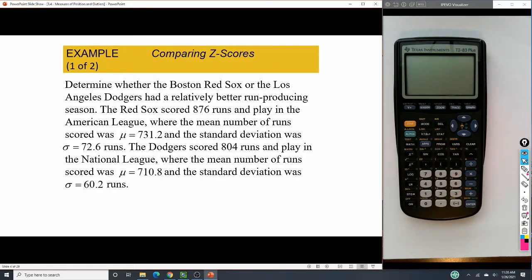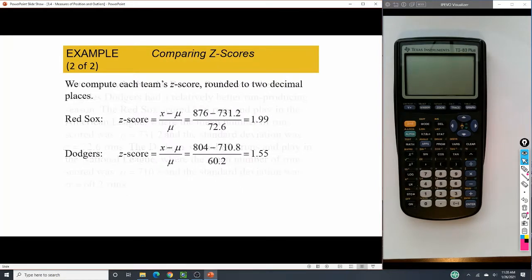We can see sigma, their standard deviation for that, okay? And so we can plug all those things in. And so we move here for the Red Sox. We would plug those numbers in. Now again, those mu's are supposed to be sigmas. So sigma and sigma here for those, okay?